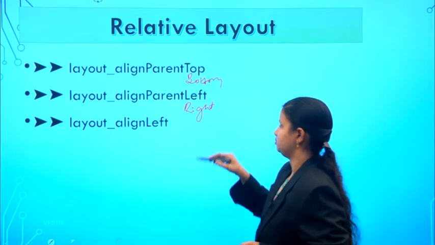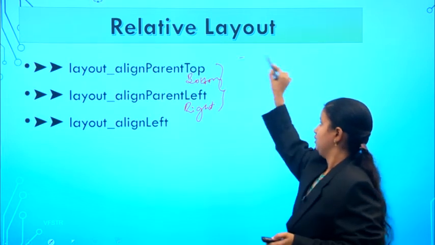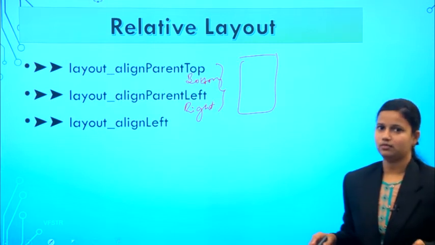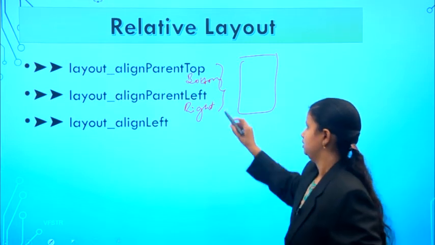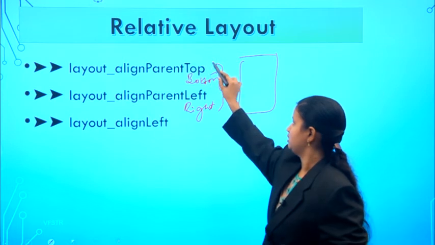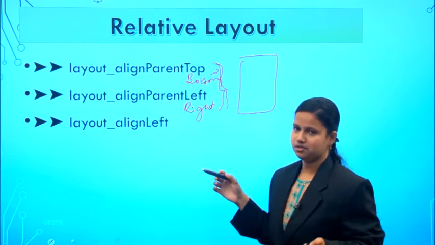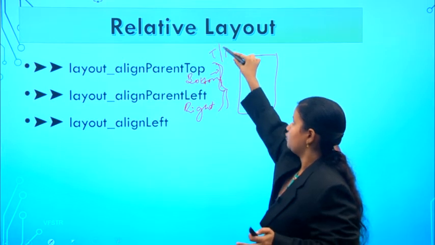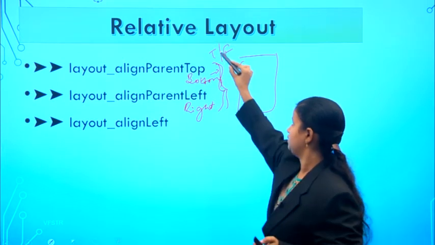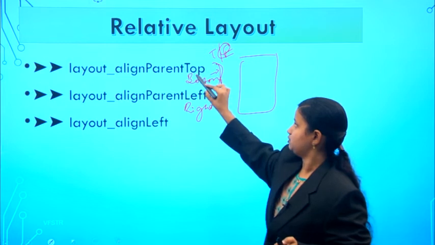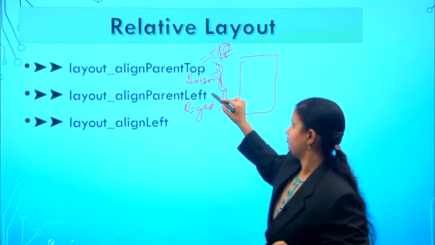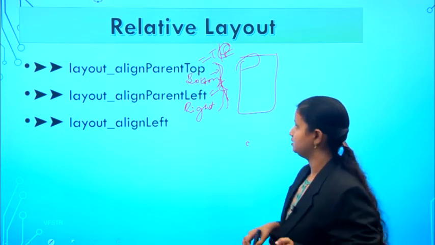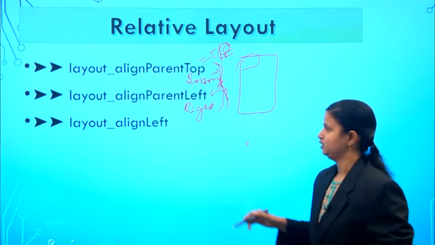So within the parent activity you add either bottom, left, right or top. For these four properties we decide on the parent, and they take a value of true. So if you give top is true and left is also true, it will arrange your view like this, at the top left side.